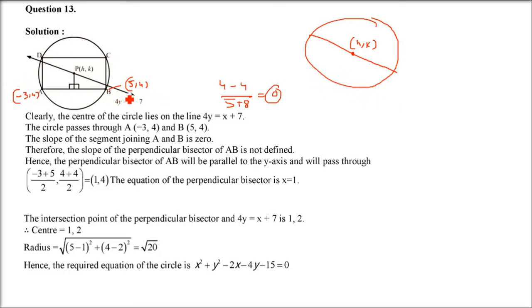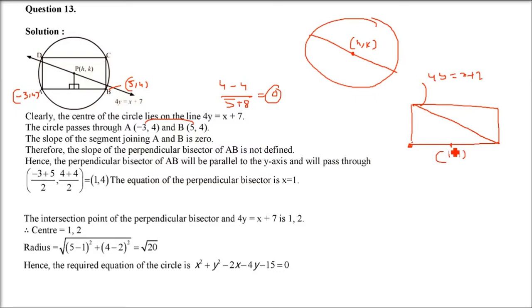So what will be the line which is perpendicular to this line? AB is parallel to the x-axis, and anything perpendicular to the x-axis is parallel to the y-axis. So we will try to find the perpendicular bisector. In a rectangle, this is the diameter, and we already know the diameter line, that is 4y equals x plus 7.